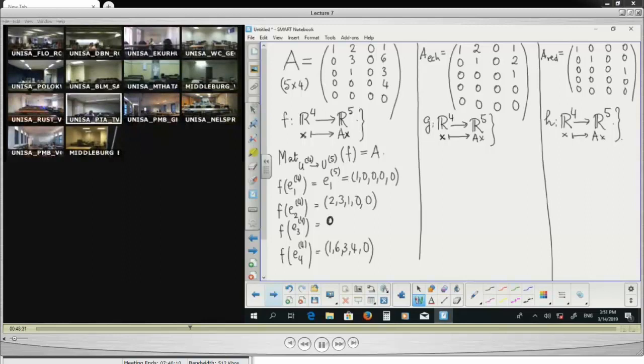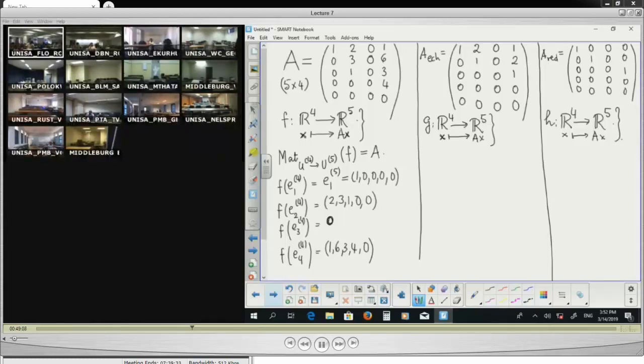To tell me a linear transformation, it is enough and exactly enough to tell me its values at the basis elements. If I know the values at the basis elements, I know the linear transformation. And that's how I actually construct the matrix. So all these things are very interconnected. Give me a matrix, I know what the linear transformation is. Give me the linear transformation, I know what the matrix is.